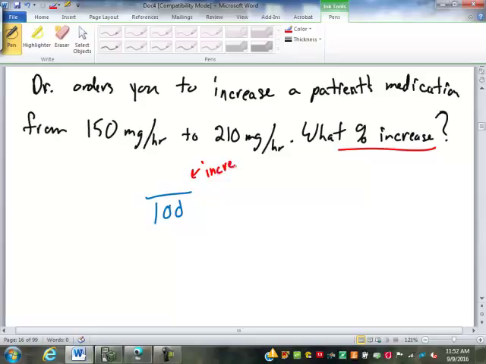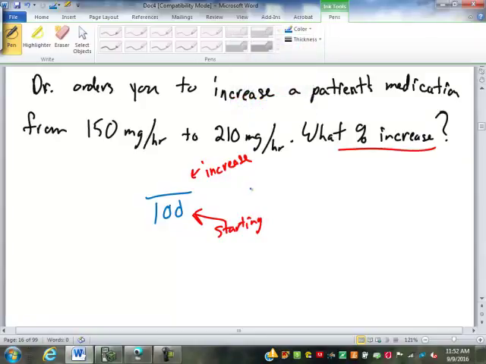Very good. The 100 is our base amount. Now here we're changing from one value to another. The base amount would be the whole amount, or in this case, the starting or the initial amount.